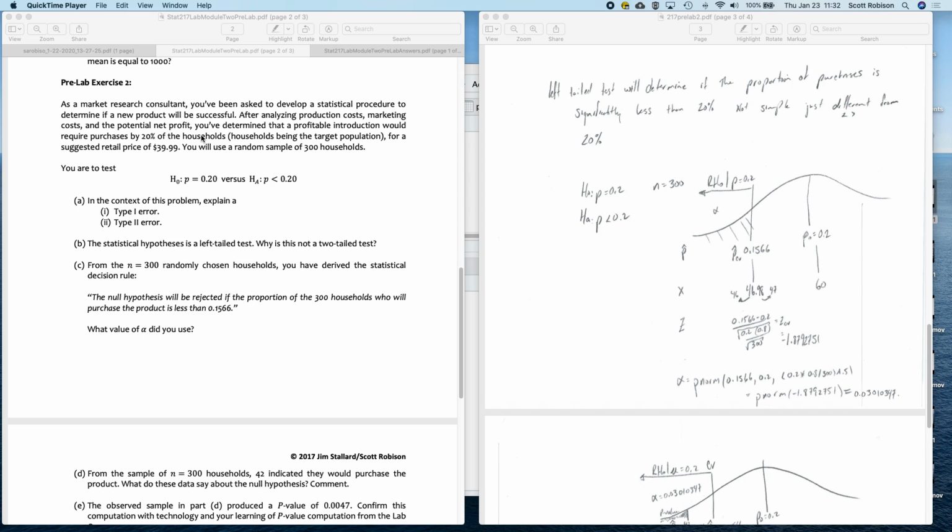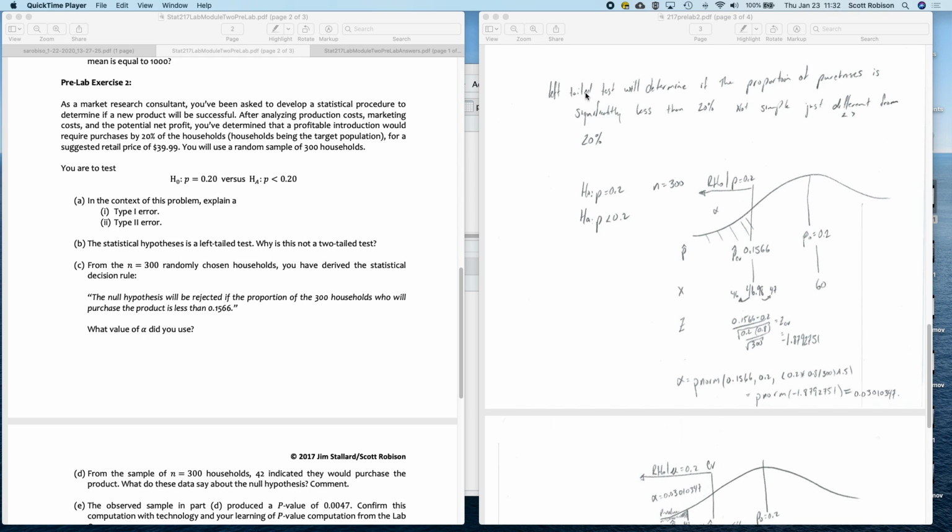However, if you had more than 20% in this context of trying to have a marketable thing, of course you would love it if more than 20% of the population wanted to buy your product. Really what you're scared of here is the other end, where it's less than 20%. So that's why you don't really care if more than 20% are interested in buying your product. In fact, you would love that. What we're really worried about is if it's less than 20%, we won't be able to make our company float, or we're going to have to make some significant changes to products or whatever.